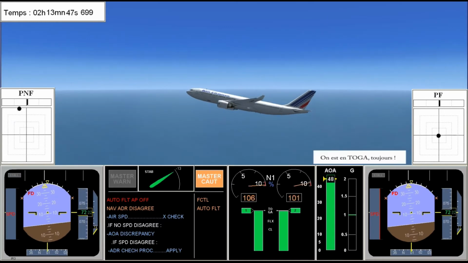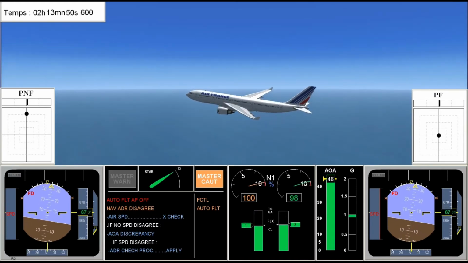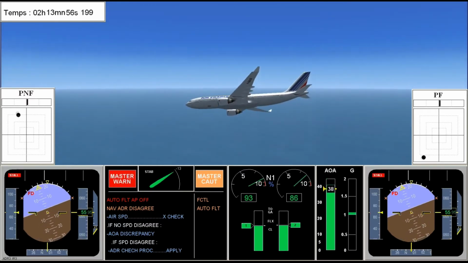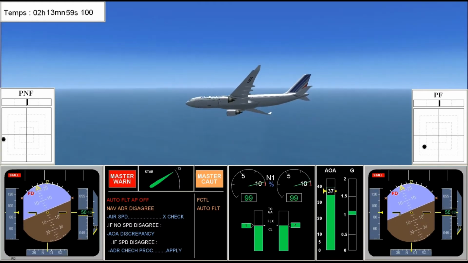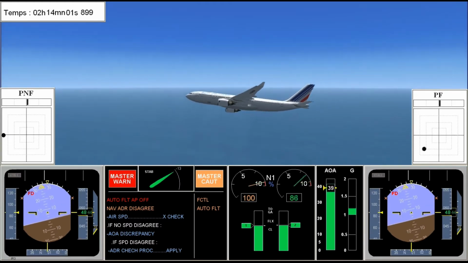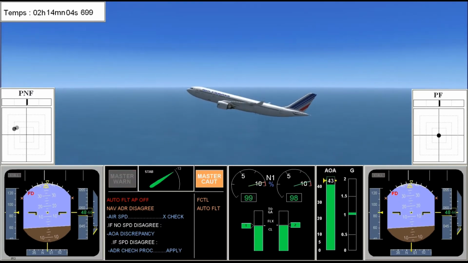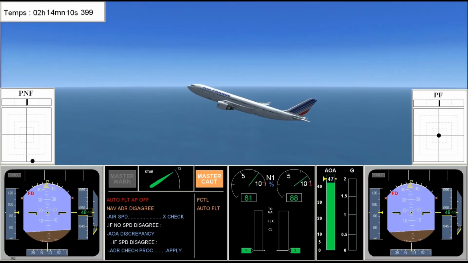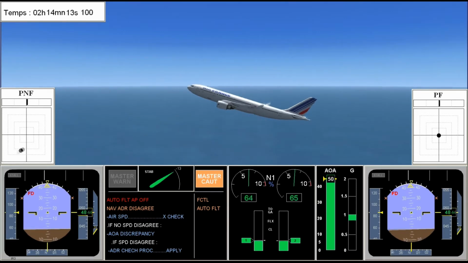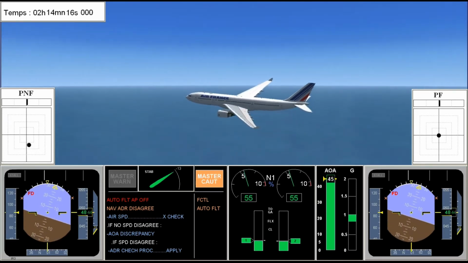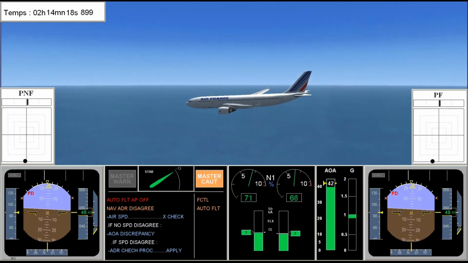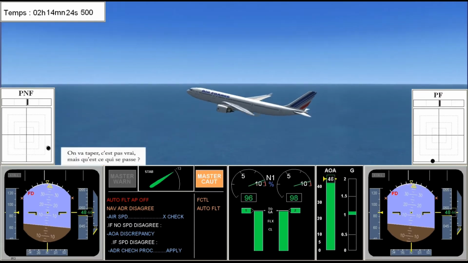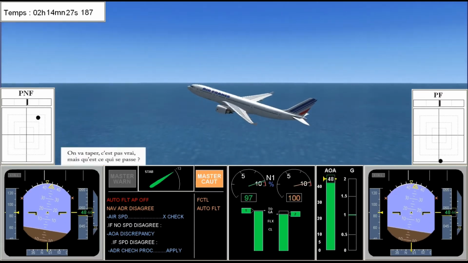Dual input. Stall, stall, stall, stall, stall, stall. Dual input. Sync rate. Pull up. Pull up. Pull up. Stall, stall. Pull up. Priority right. Pull up. Pull up. Pull up.